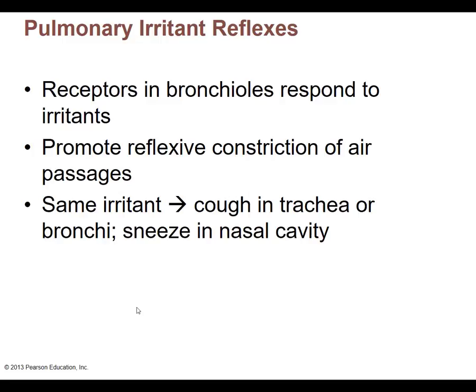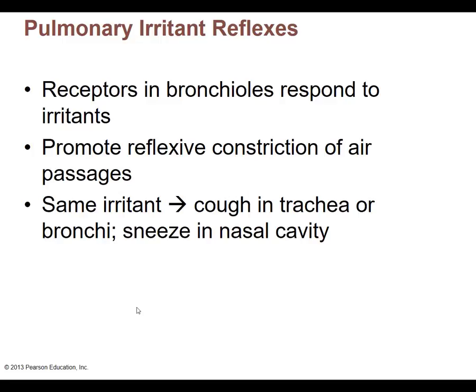Those same irritants, if they're in the trachea, can cause you to cough. Or if they're in those primary or secondary bronchi, they can cause you to cough. Or if you have some of those same irritants in your nasal cavity, it can cause you to sneeze. So there are a couple of different things that affect your air going in and out, and a lot of it is something irritating. Whether you're coughing or sneezing or trying to constrict those airways to prevent that irritant from getting in, it's all things that are affecting breathing.